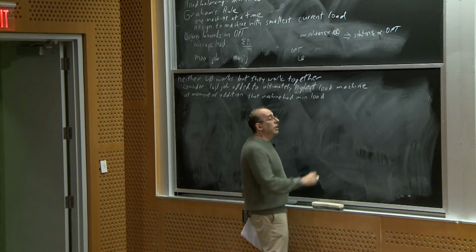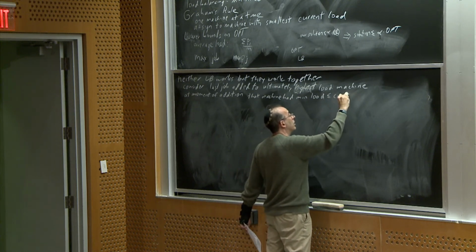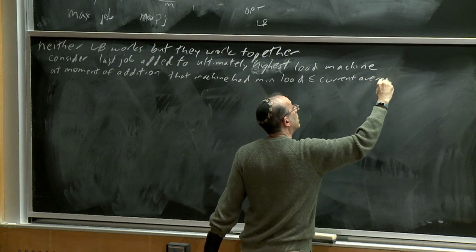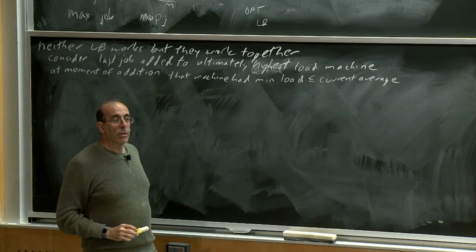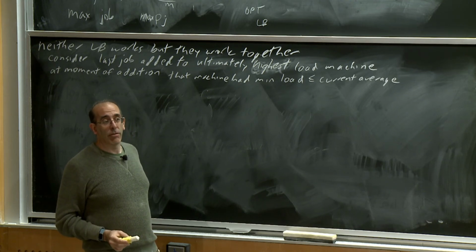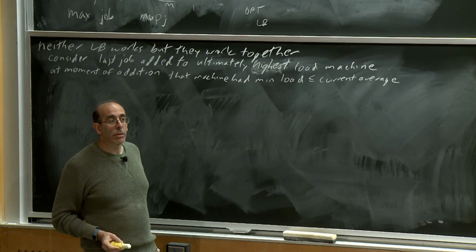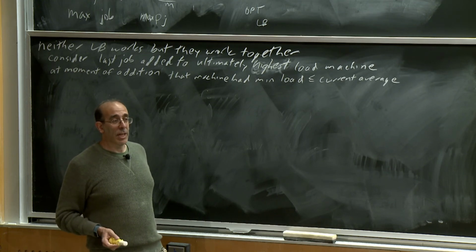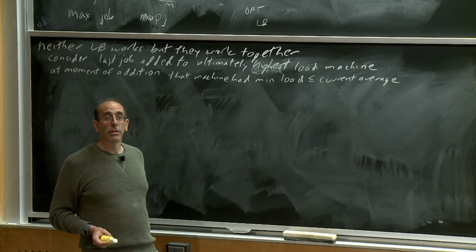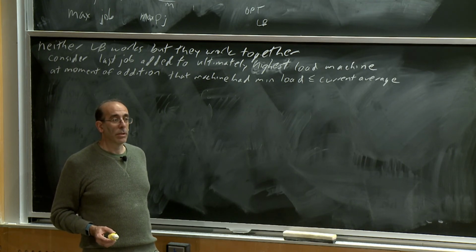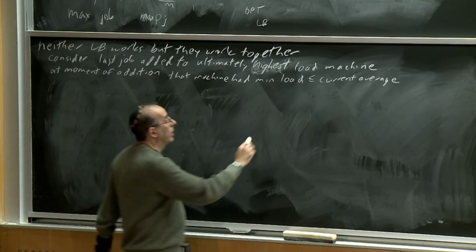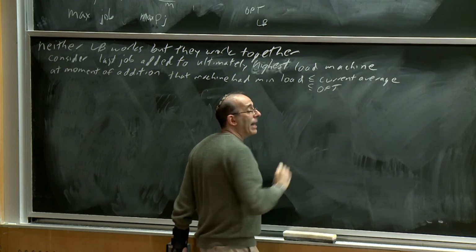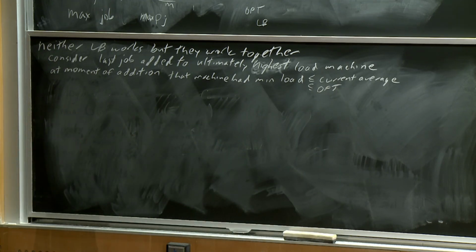Less than or equal to the current average. And what is the current average less than or equal to? Well, it's less than or equal to the final average, right? The average only goes up. Right? And what's the final average less than or equal to? Well, that was our lower bound, right? So basically, when we add a job to a machine, the work on it is less than opt. Okay?